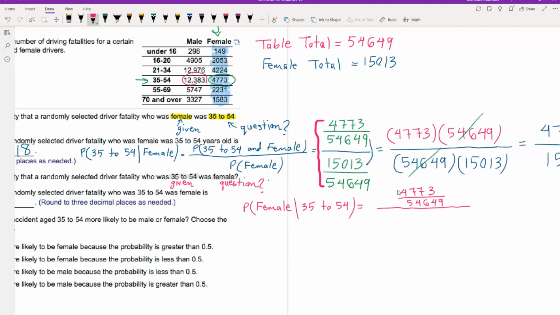So here we have to add these two numbers to find the sum for 35 to 54, and that is 17,154, divided by the table total.